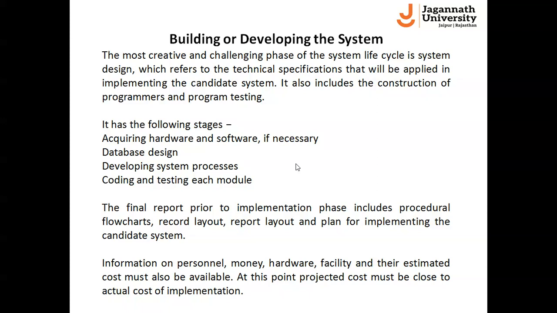The final report prior to the implementation phase includes procedural flowcharts, record layout, report layout, and the plan for implementing the candidate system. Information on personnel, money, hardware, facility, and their estimated cost must be available. At this point, projected cost must be very close to actual cost of implementation.